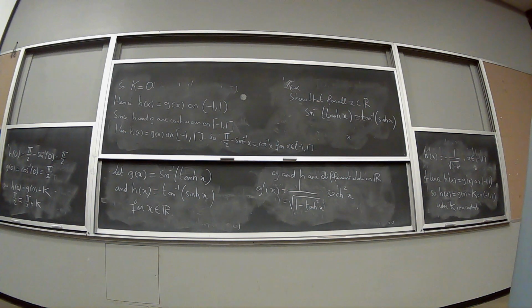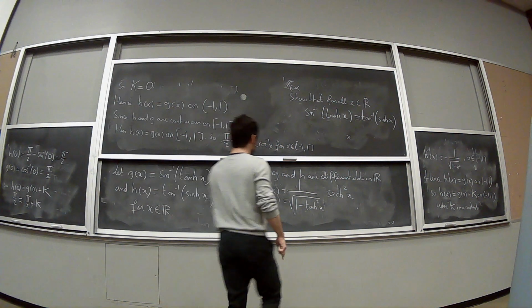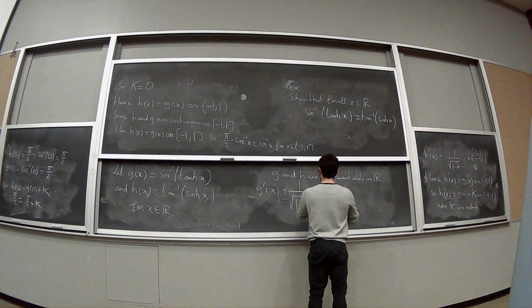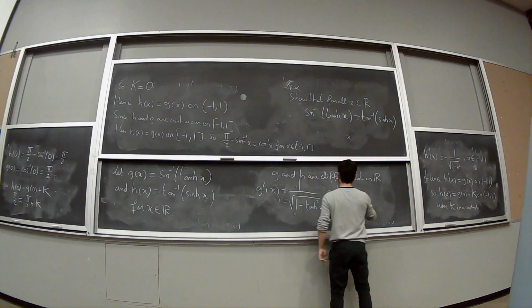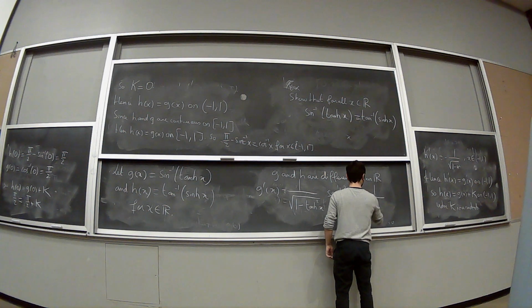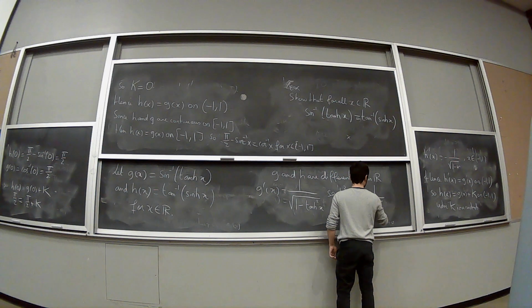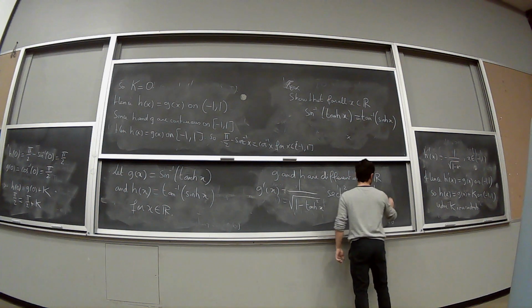You have that cosh squared minus sinh squared is equal to 1. So divide by cosh squared, you get that 1 minus tanh squared is equal to hyperbolic secant squared. You should know your inverse trig formulas very well.